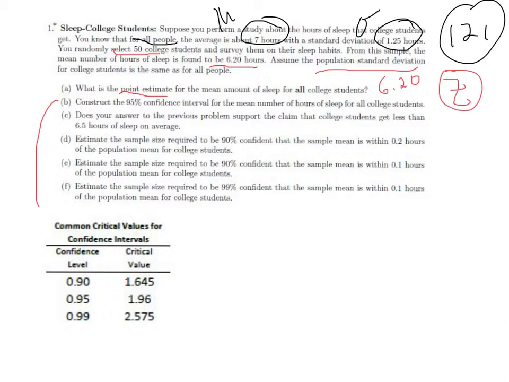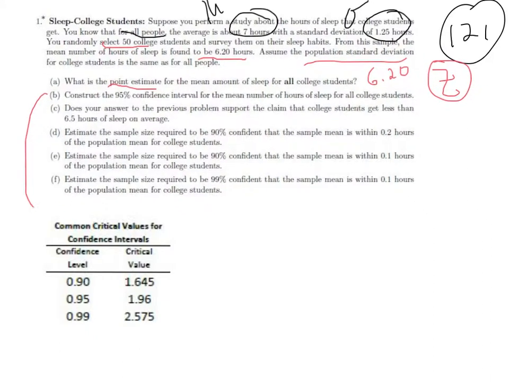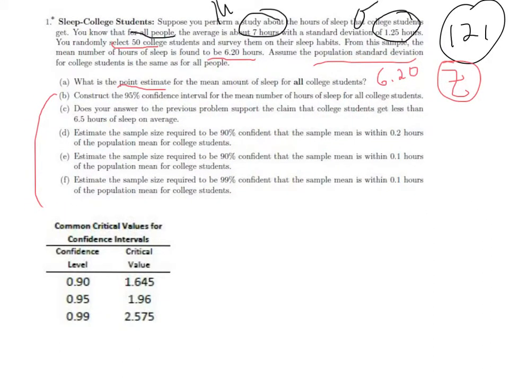So to get this confidence interval, we're going to use that formula: the sample mean plus or minus the margin of error, and the margin of error is found by taking that critical value of z. Actually, this textbook doesn't use the star, does it? It uses alpha divided by 2.